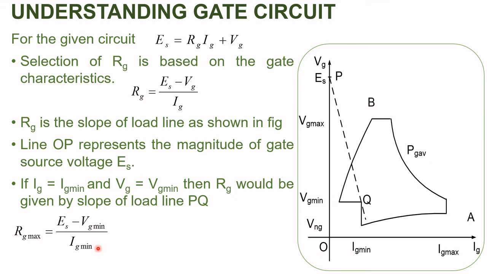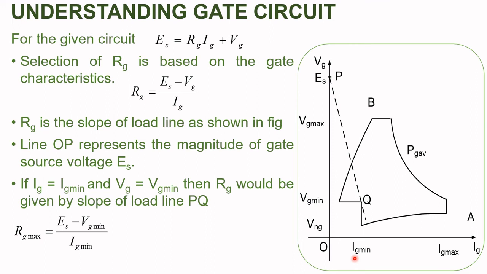Now why are we calling this Rg maximum? We call this the maximum gate resistance because if we increase the resistance in the circuit, then the current through that circuit will go on reducing. If the current to the gate goes less than Ig minimum, then our SCR will not be successfully triggered.